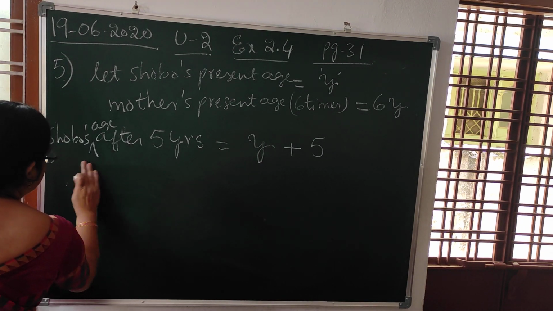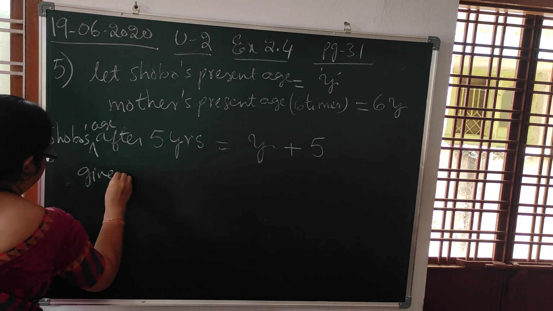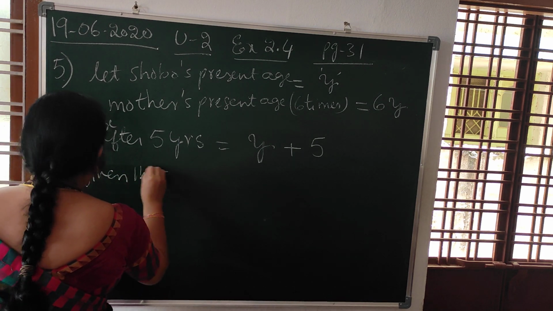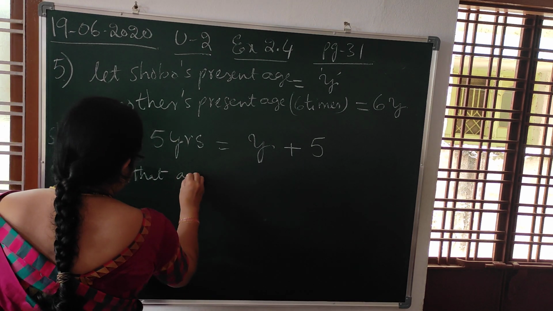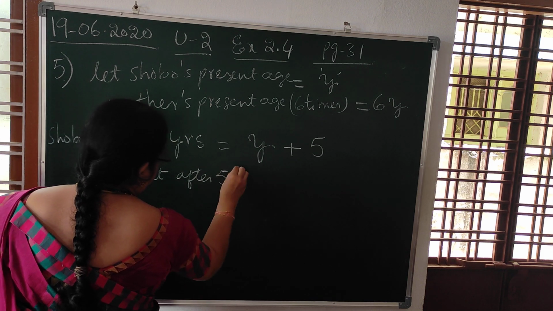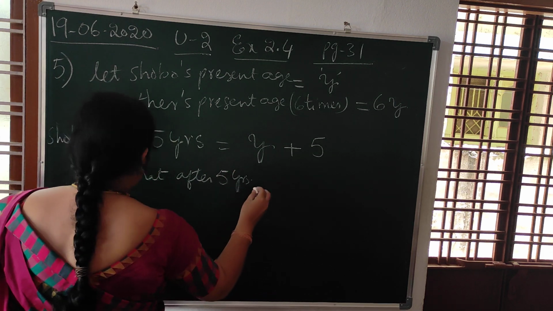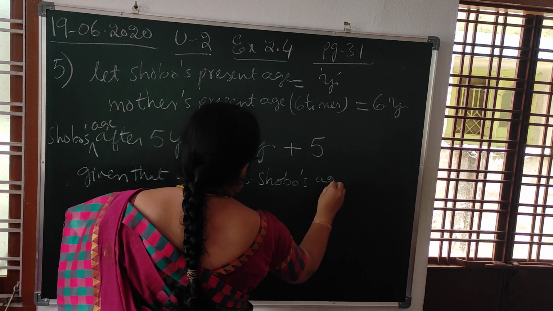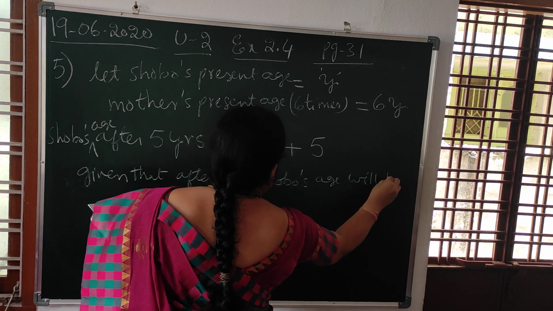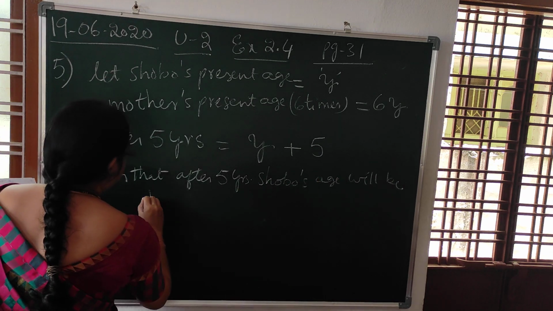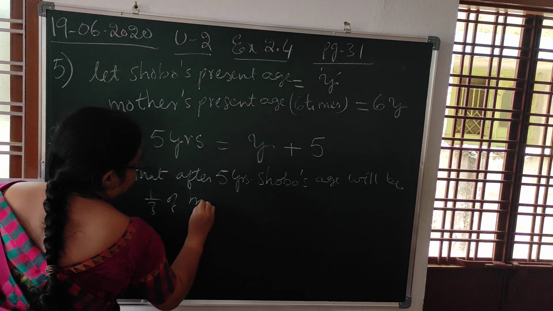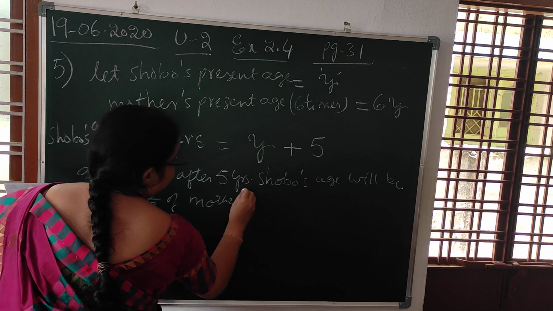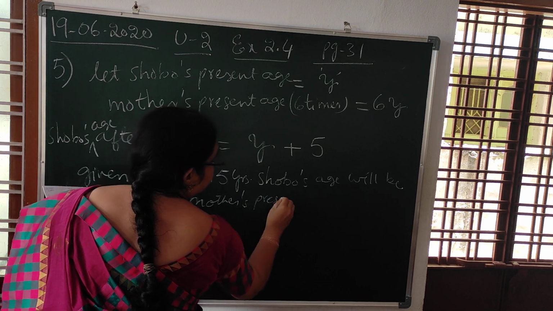It is given that after 5 years Shobo's age will be 1/3 of mother's present age.